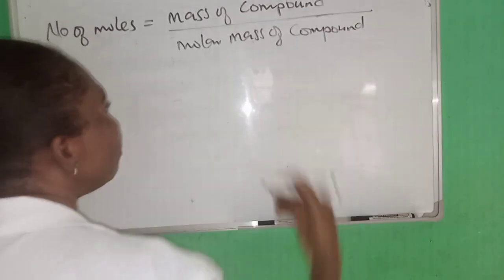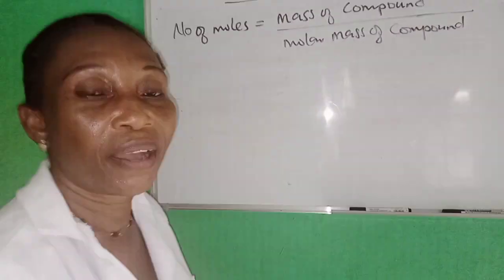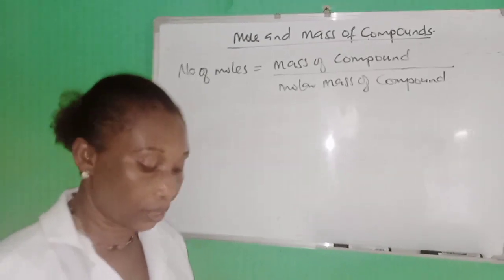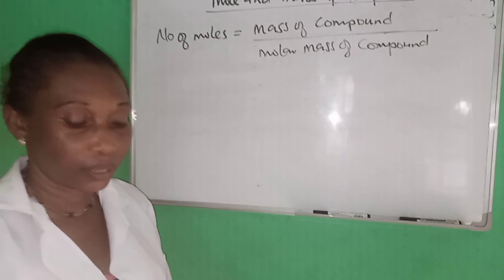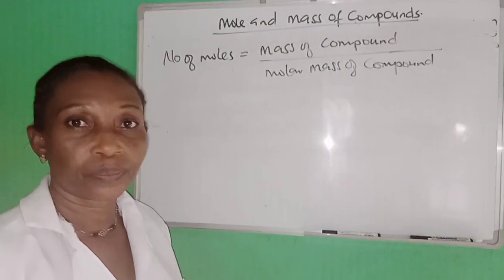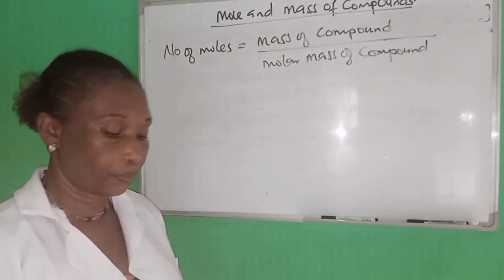That is, the mass of the compound given in the problem divided by the molar mass of the compound, or even the relative molecular mass of the compound. We shall take a question.